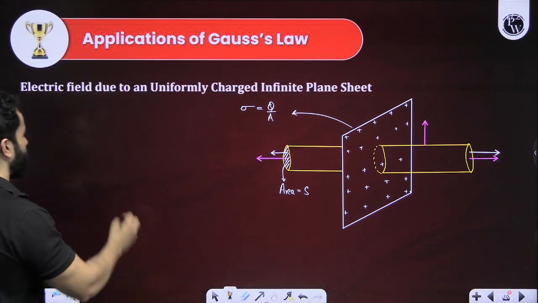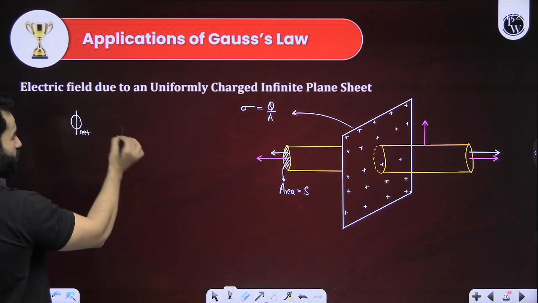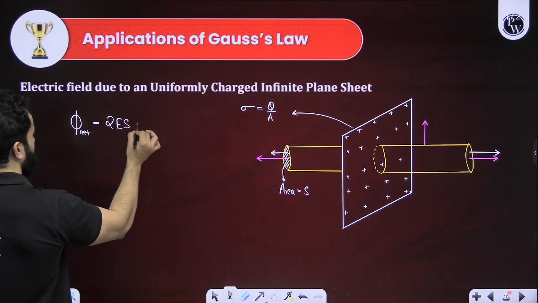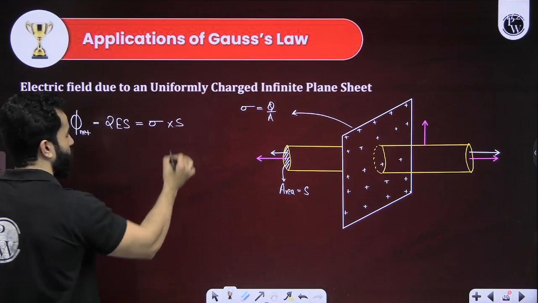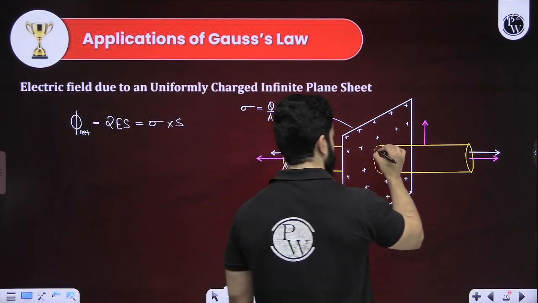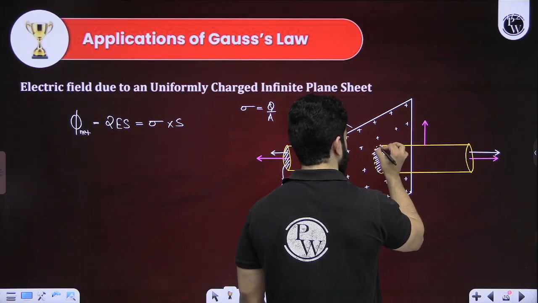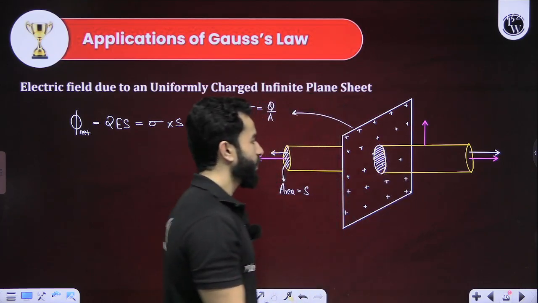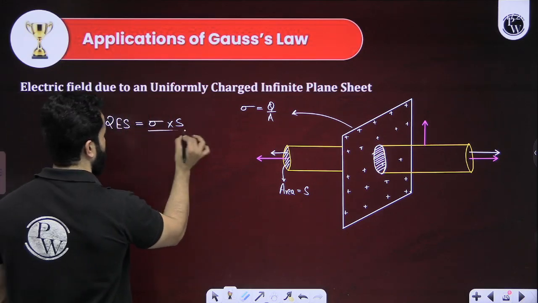So the net flux will be, we have got two such surfaces, so 2 into E into S equals to enclosed charge, which will be sigma into S. Why sigma into S? Because this is the enclosed charge that we are talking about. Let's find out the electric field due to this much of the charge. Alright. So sigma into S divided by epsilon naught.